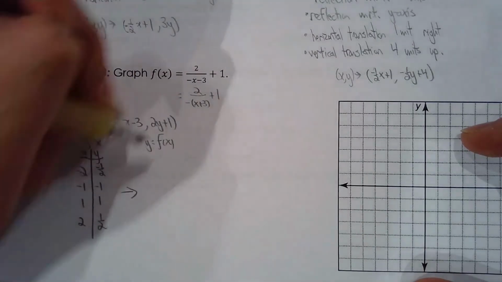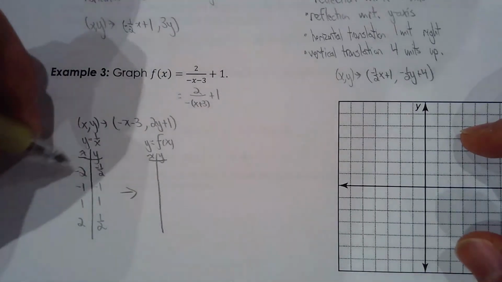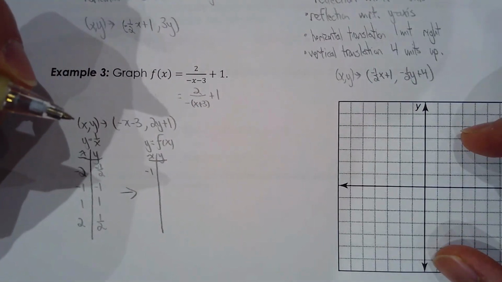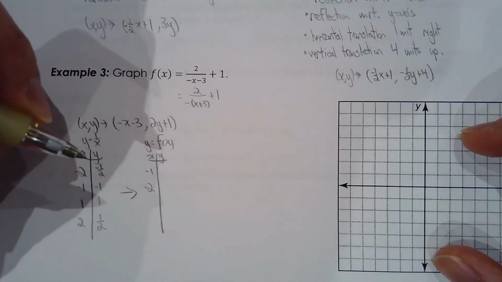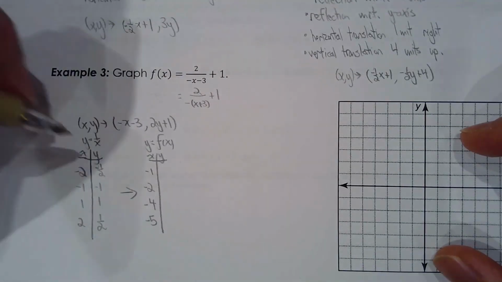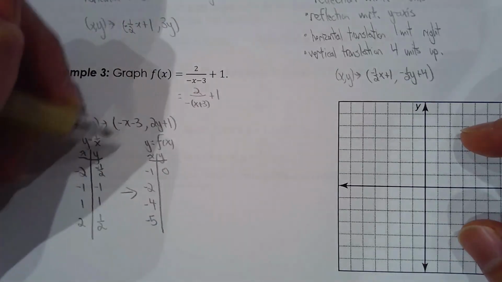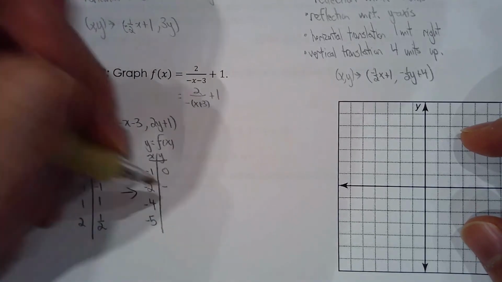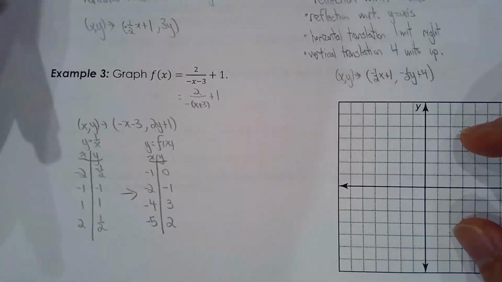And that will allow me to get the points for my transformed function. So negative 2 minus 3 is negative 1. And then negative 1 minus negative 2. Minus 4 minus 5. Okay, that will give me 2, negative 1, 0. Negative 2 plus 1. 2 plus 1 is 3, 1 plus 1 is 2.